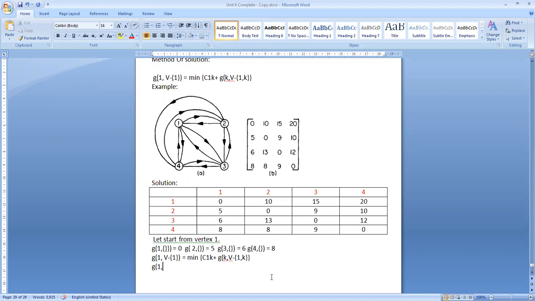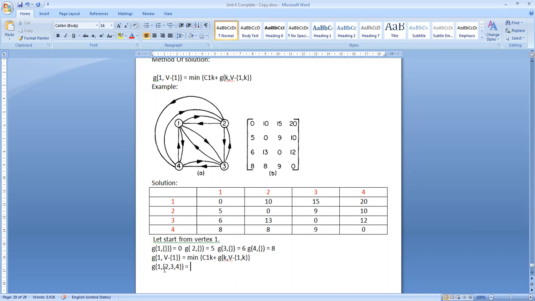So other than 1, the vertices are 2, 3, 4. What does it mean? Start from vertex 1, visit all these vertices and come back to vertex 1.